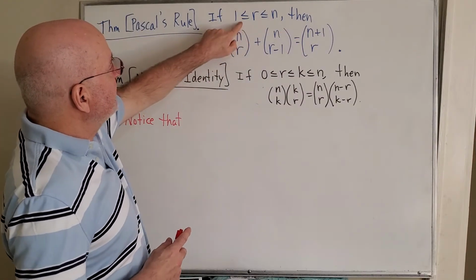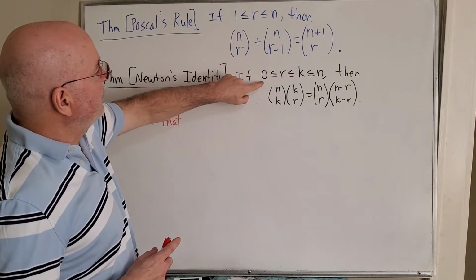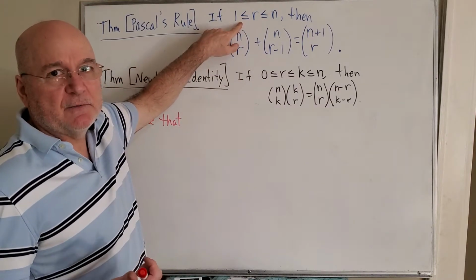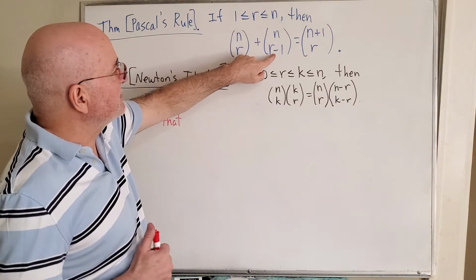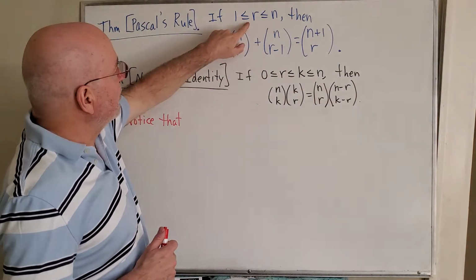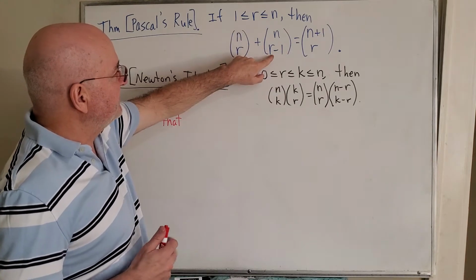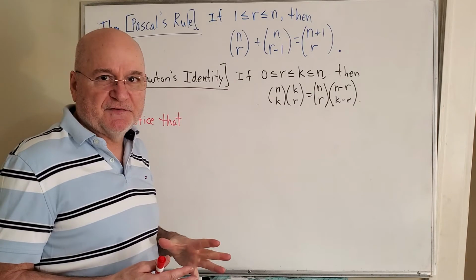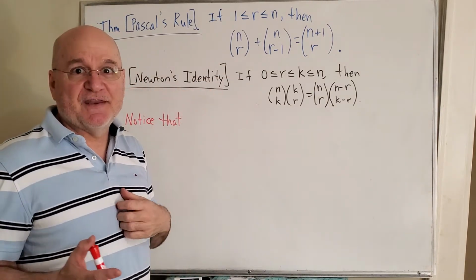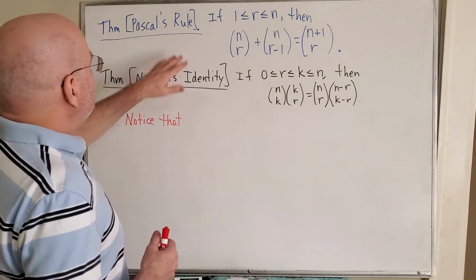Notice that r has to be bigger than or equal to 1, where normally we have just greater than or equal to 0. But in this case, we have an n choose r minus 1. So if r were equal to 0, clearly we'd have an n choose negative 1, which makes no sense. All the numbers have to be non-negative. Okay, this one I'm not going to prove.